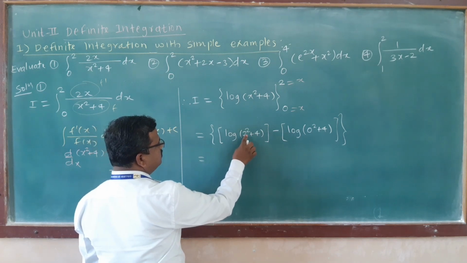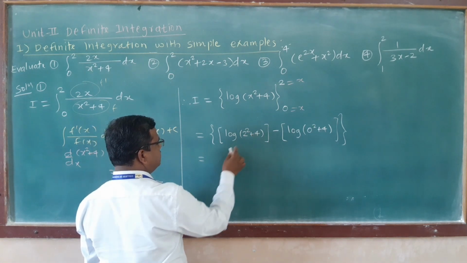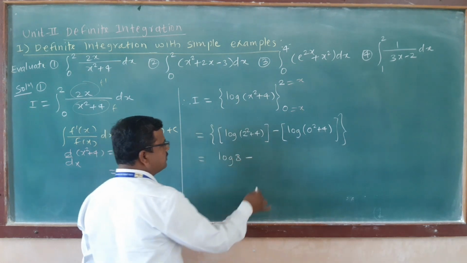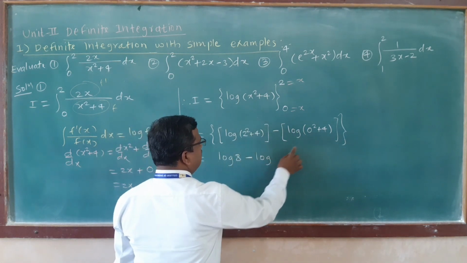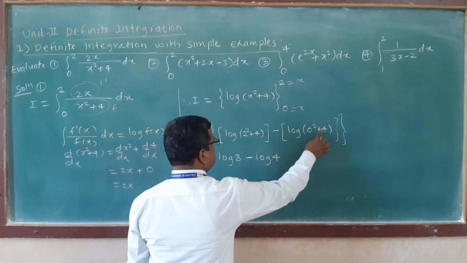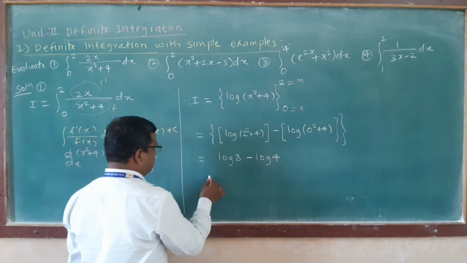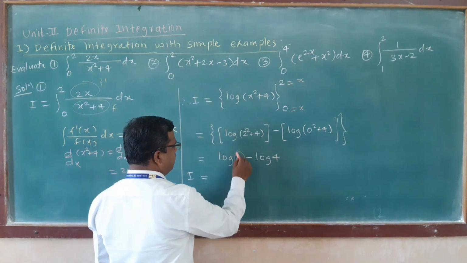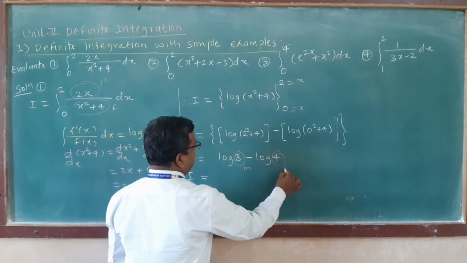This is log of 2 square means 4 plus 4, that is 8. This is log of 8 minus this is log of 4, 0 square plus 4 is 4, which is equal to, now call this m and this n.